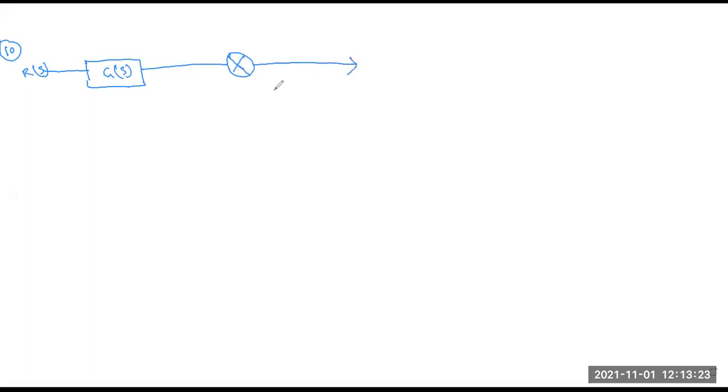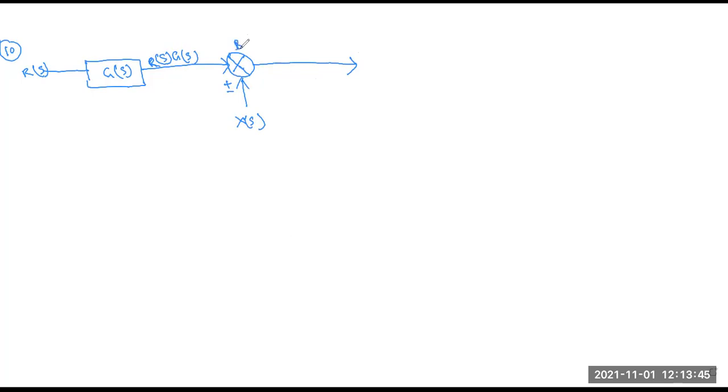Then the output part from here, and this is another input section, that is X(s). This is positive, negative. Okay, so here the output is R(s) and G(s) also. So now we have to shift it.